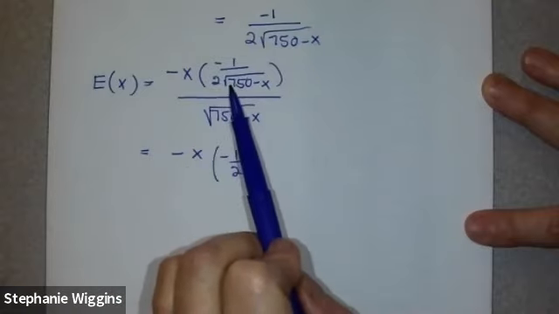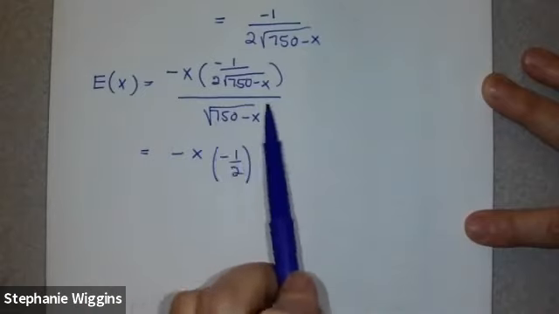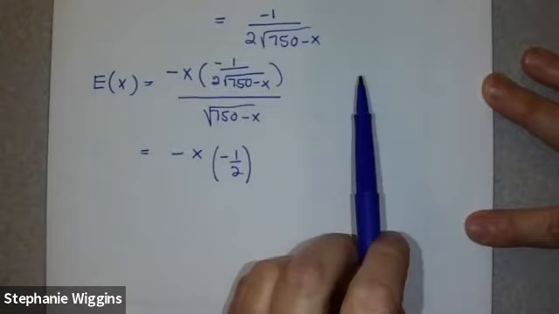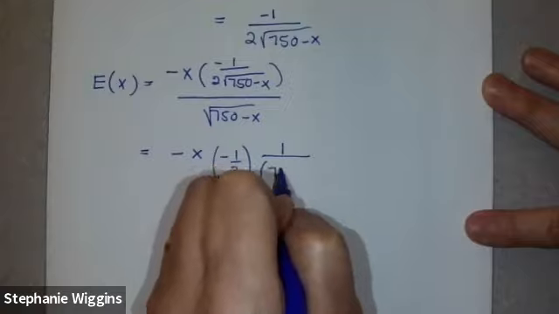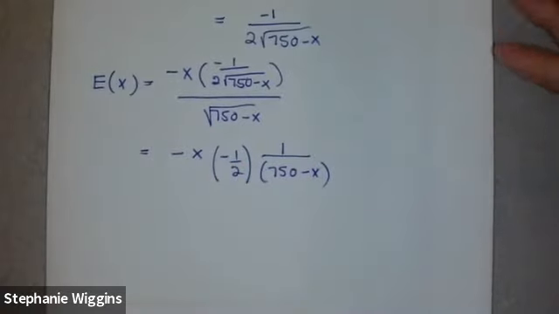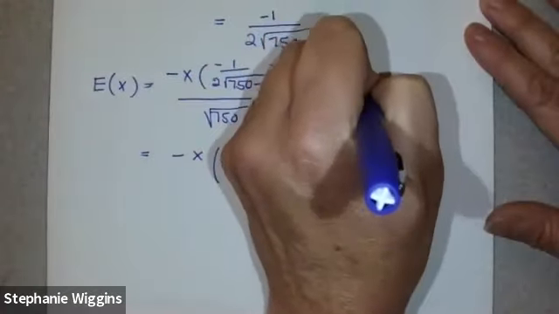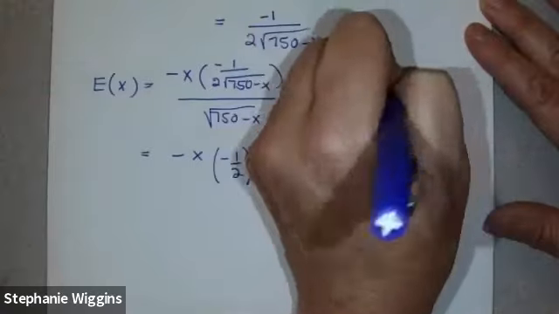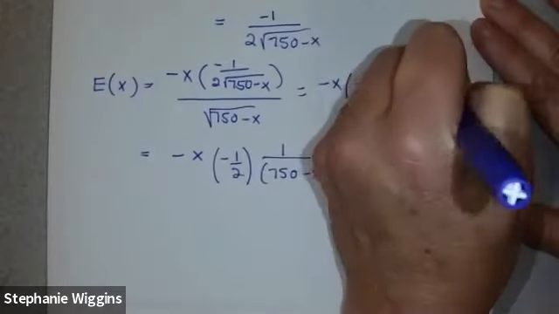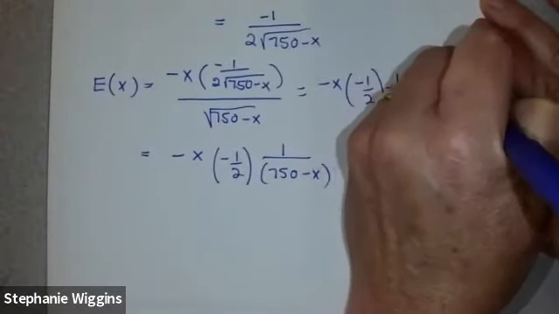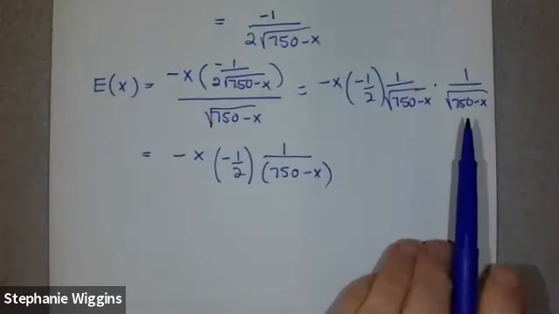Now notice I'm dividing by the square root of 750 minus X, and then I'm dividing again by the square root of 750 minus X. That's the same as multiplying by 1 over this. So it's just going to become 1 over 750 minus X, right? I'll write that out for you so you can see that. It's going to become minus X times minus 1/2, and then 1 over the square root of 750 minus X times another 1 over the square root of 750 minus X. Because I'm dividing here, that's the same as multiplying by the reciprocal.